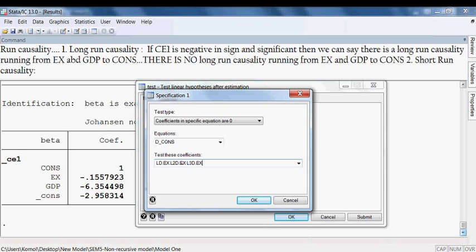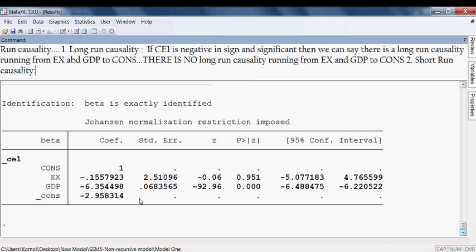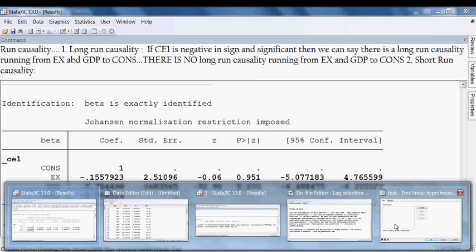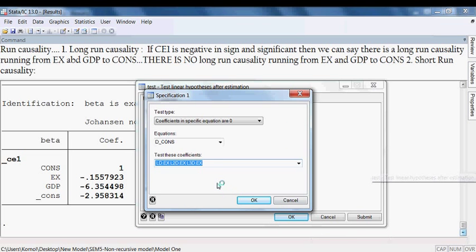Okay, then we can test this hypothesis, right? Okay, how to test? So we can check it now.